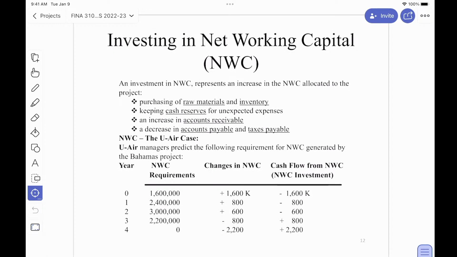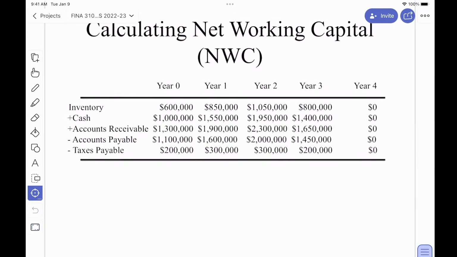So here we have, I'm going to use this one here. So here we have horizontally inventory, which is an asset, right? It's a short-term asset. And we've computed here that immediately we need $600,000 worth for inventory.